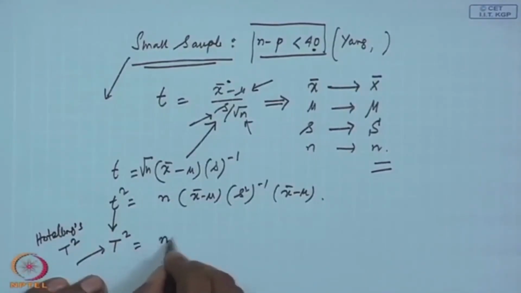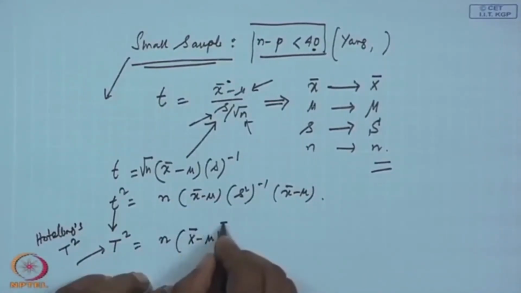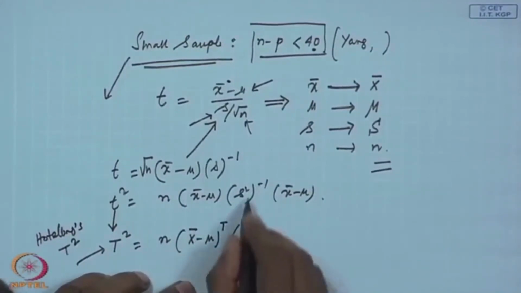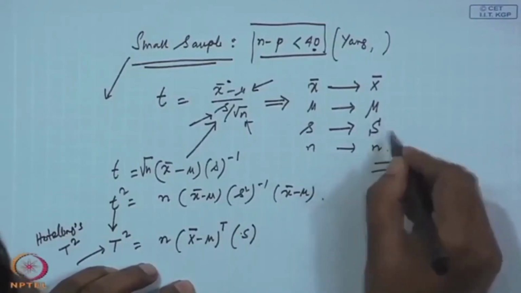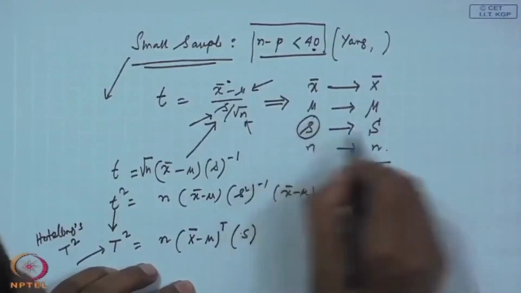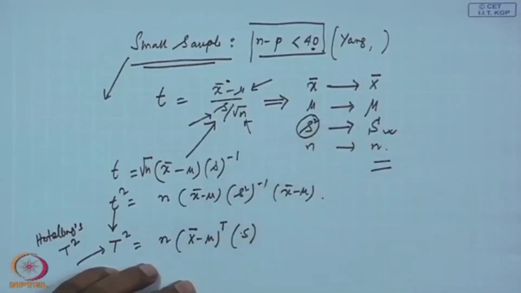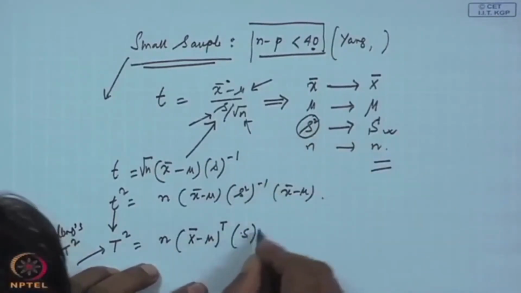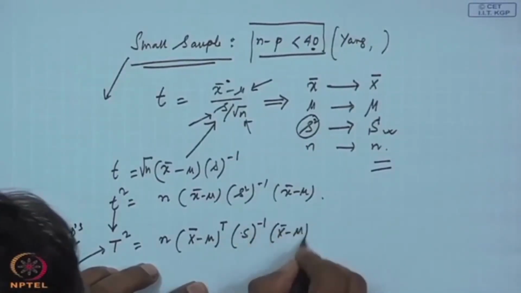This will be written like this: n (x bar minus mu) transpose, then the counterpart of s square, which we take as capital S, basically a square in terms of variance, S inverse (x bar minus mu).